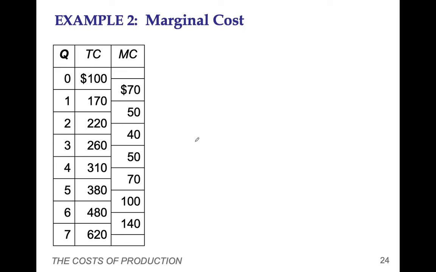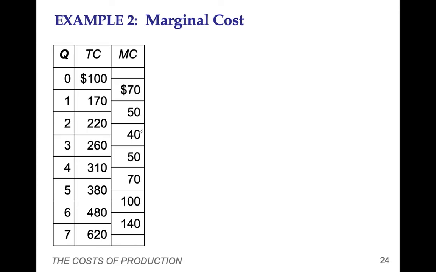Here the marginal cost. This example is more general, so we'll see the typical form of the marginal cost curve. So here we have output, total costs, and the marginal cost is the change in total cost over the change in quantities. So we get the data of the marginal cost. You see at the beginning the marginal cost for the first unit is 70. Then the second unit marginal cost is 50.